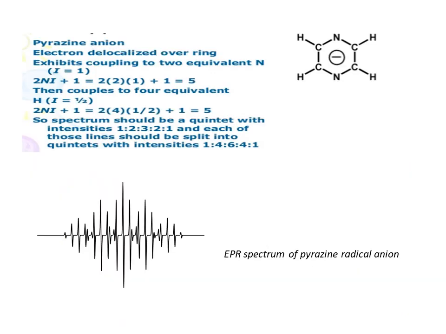Pyrazine ion: here also there are two types of magnetically equivalent nuclei, nitrogen and hydrogen, which split the ESR signal.